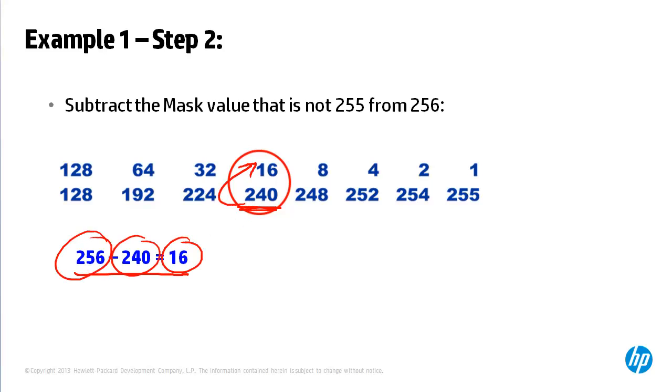So we can very quickly see that the value is 16. What the 16 means here is that the networks are incrementing in values of 16. So the first network in the third octet is going to be 0, then 16, then 32, then 48, and so forth. 16 is the increment of the network.